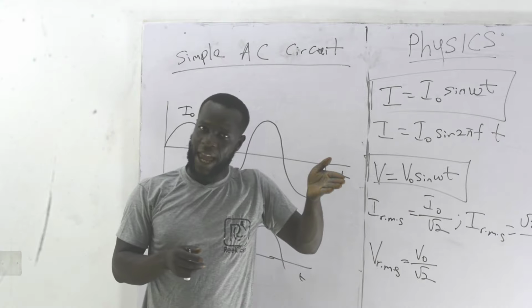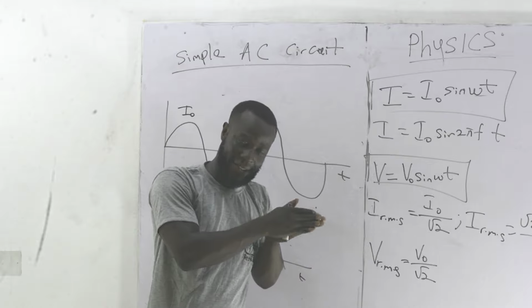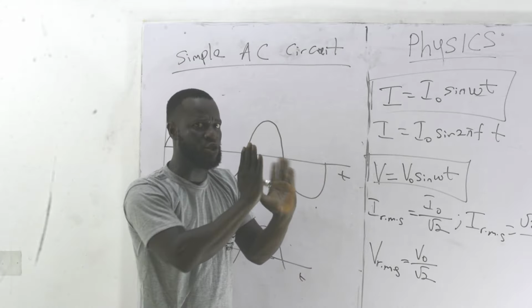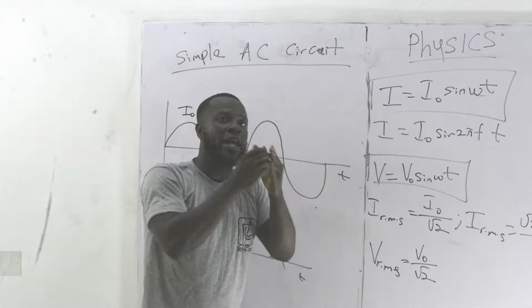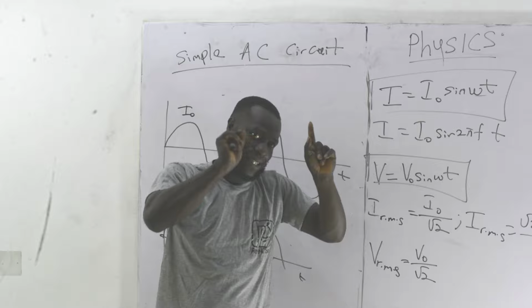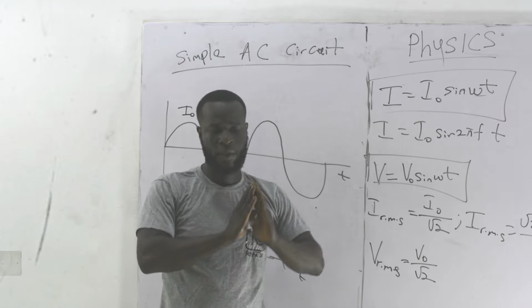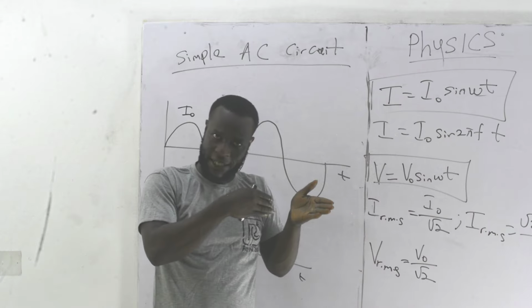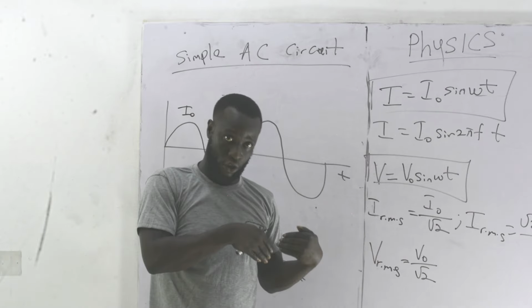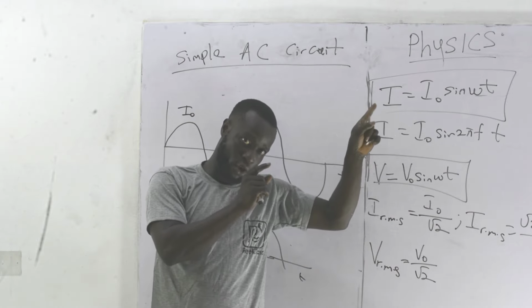So there's capacitive reactance and there's inductive reactance. Capacitive reactance is the opposition to the flow of current brought by a capacitor, and inductive reactance is the opposition to the flow of current brought by an inductor.